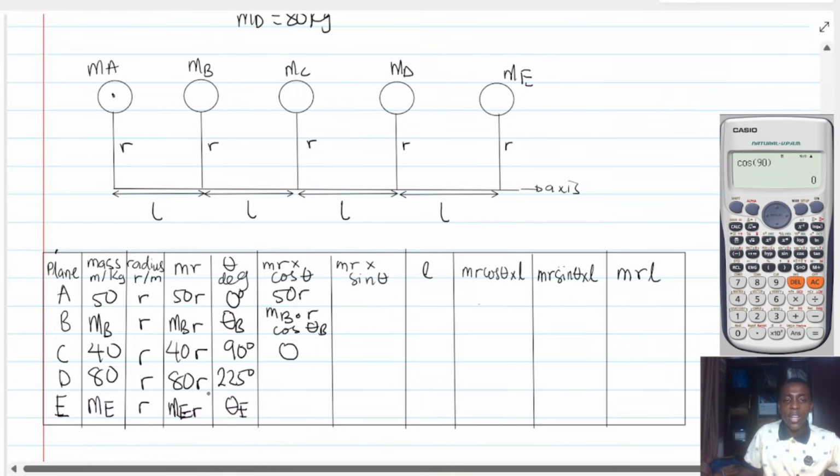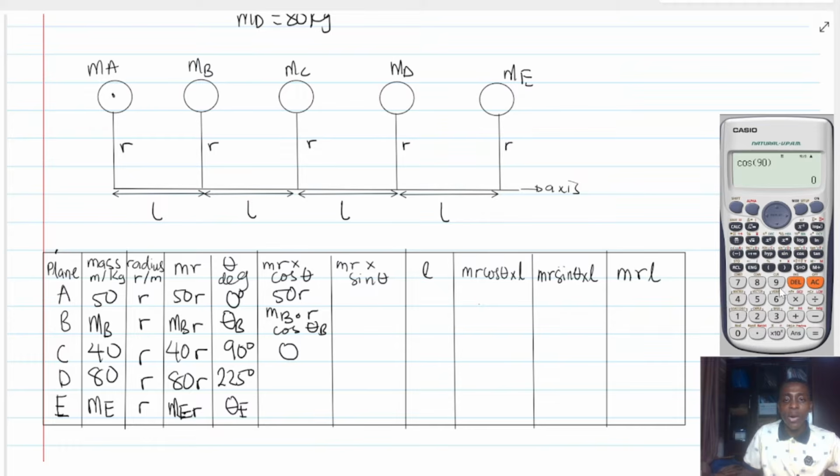And then when I come to this point, I'll do 80 cosine 225. And what is that? Minus 56.569. Or let's take it to 2 decimal places. Minus 56.57. So minus 56.57 multiplied by R.